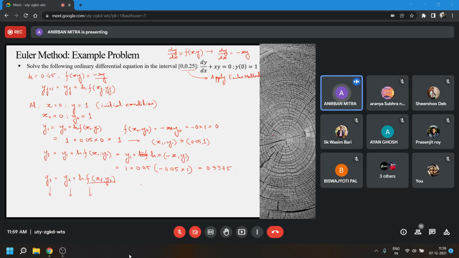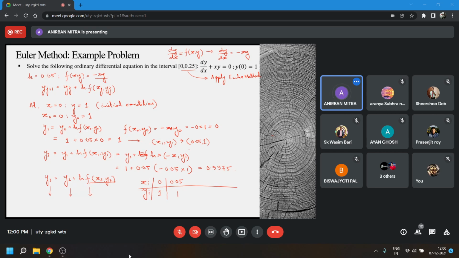You can represent this solution in a tabular form as well. So if you have this table, at 0 this is given as 1. That is the given condition. At 0.05, we have obtained this as 1.